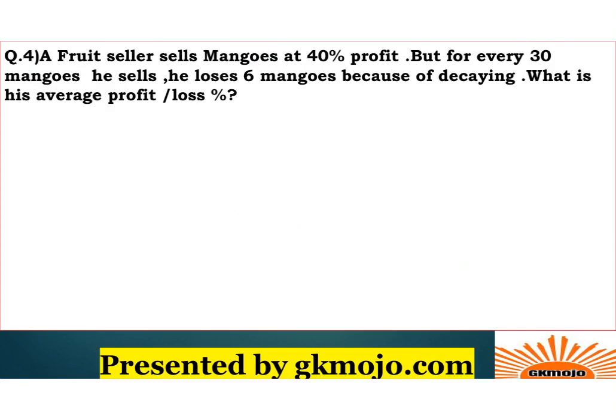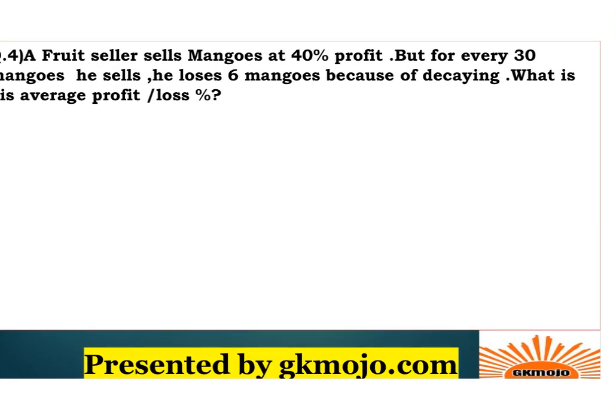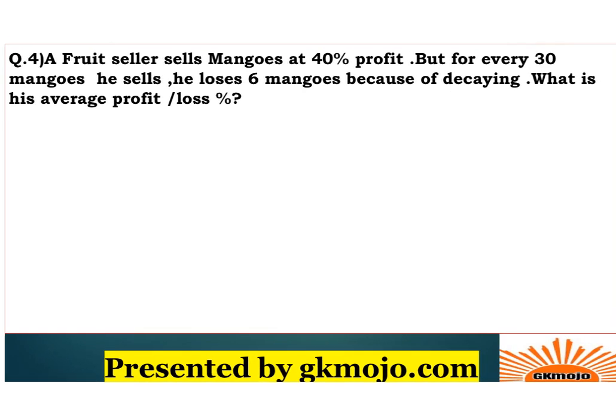A fruit seller sells mangoes at 40% profit, but for every 30 mangoes he loses 6 mangoes because of decaying. What is his average profit or loss? So what is happening is he's selling mangoes at 40% profit, right? For every 30 mangoes he's losing 6 mangoes because of decaying.